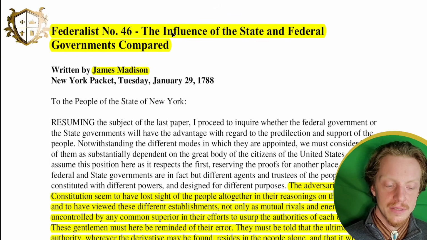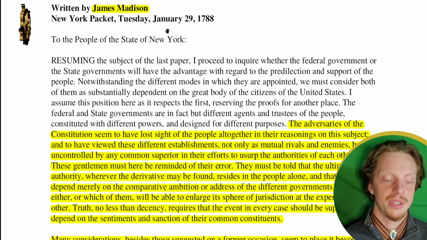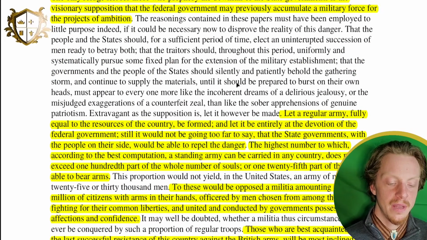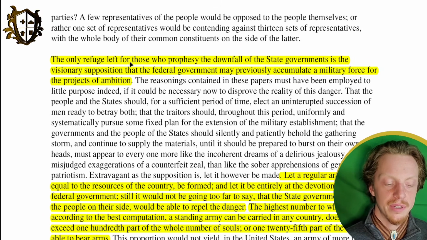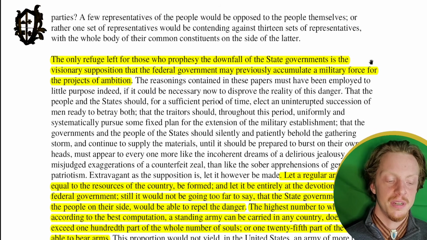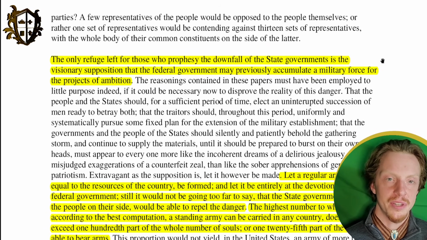In number 46, The Influence of the State and Federal Governments Compared, again by Mr. Madison, published January 29, 1788, he says, the only refuge left for those who prophesy the downfall of the state governments is the visionary supposition that the federal government may previously accumulate a military force for the projects of ambition.